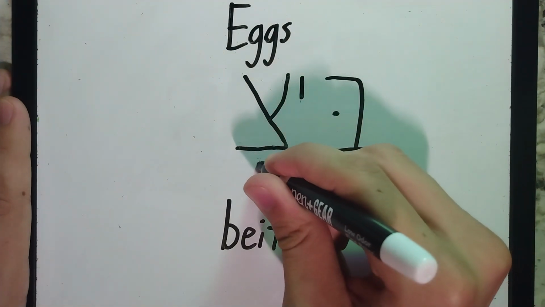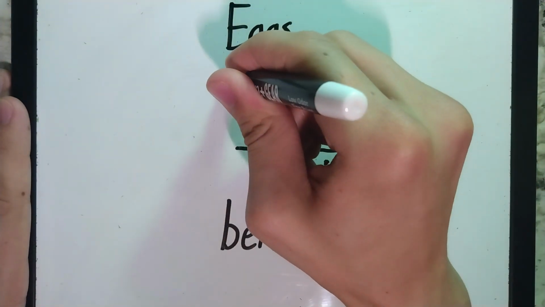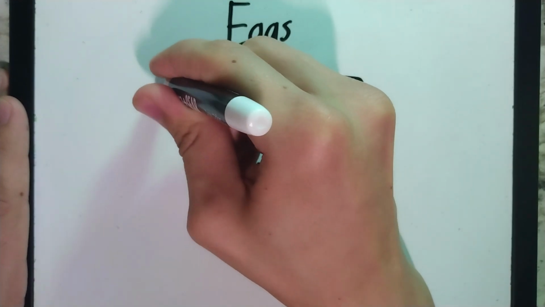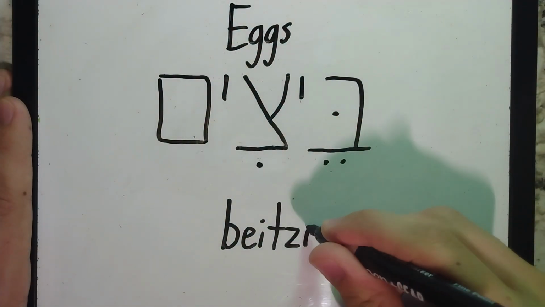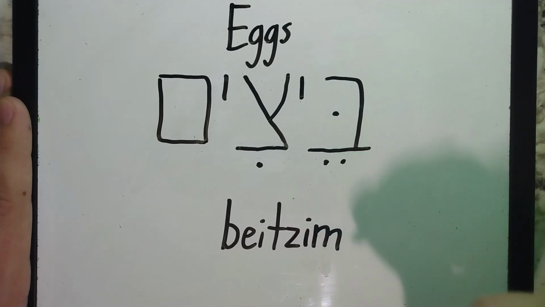However, to actually make the word eggs in Hebrew, we add the im ending, which is usually used for masculine plural nouns. So the word eggs is beitzim, with that masculine plural im ending. This plural of beitza and many other nouns is irregular, and unfortunately is something you just have to learn.